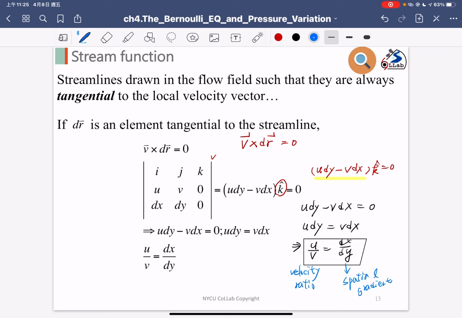Okay, so if you would like to find the stream function, the formula shown here is always satisfied. And because we can have the u and the v, because we already know the velocity field, how can we then determine the stream function? Okay, so this is our purpose.